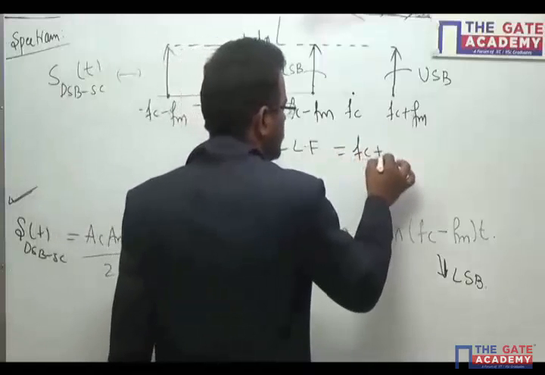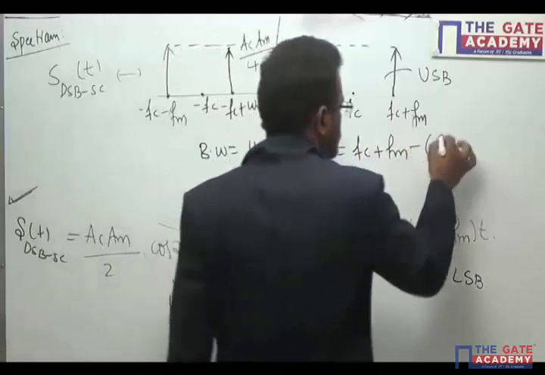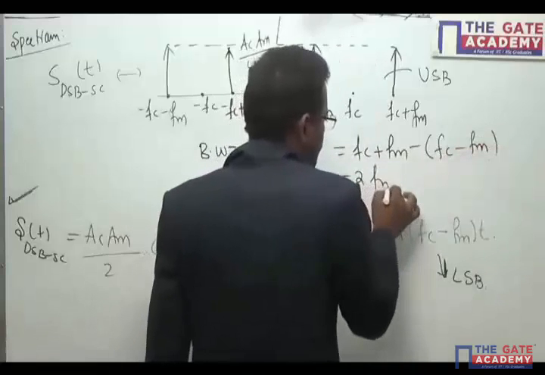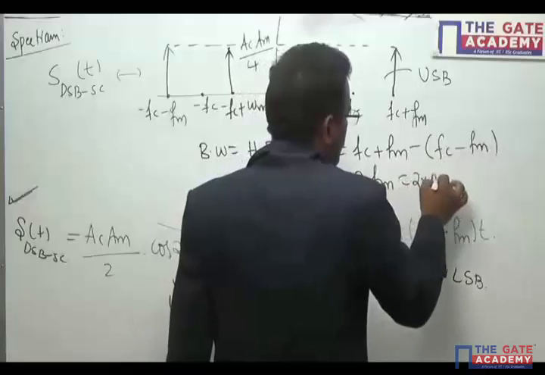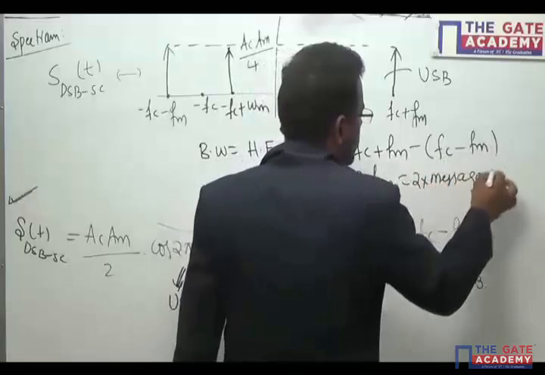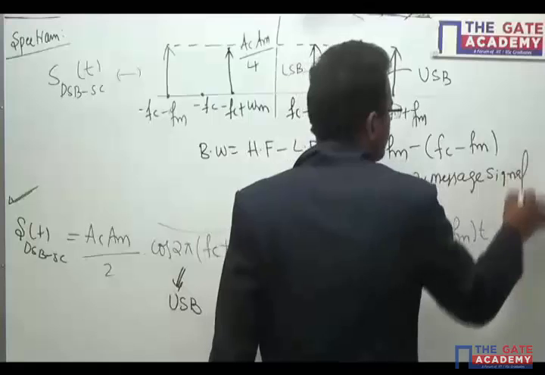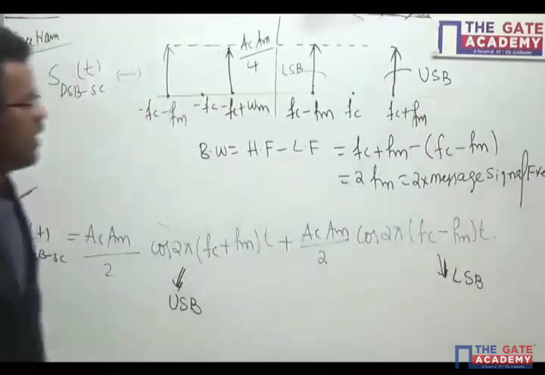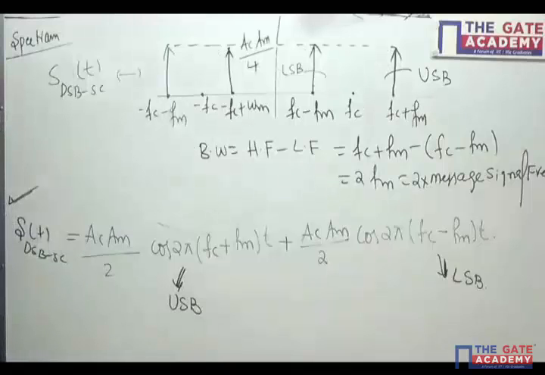That is Fc plus Fm minus (Fc minus Fm), that is 2 Fm, where Fm is of course the message signal frequency. So as with AM, the bandwidth requirement for DSBSC is also the same, students.